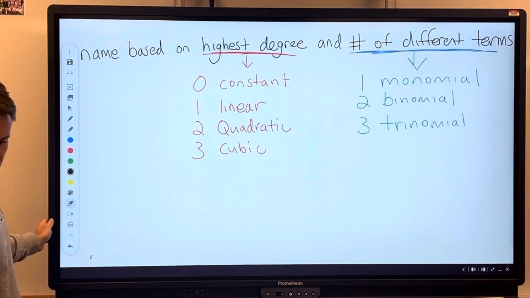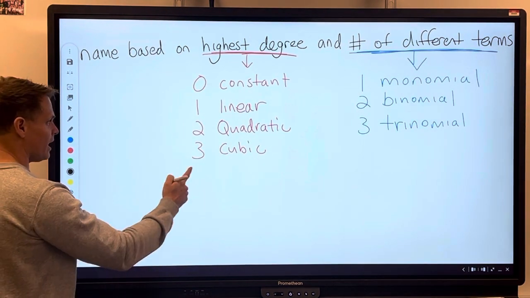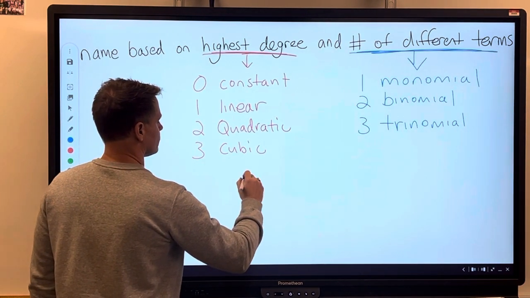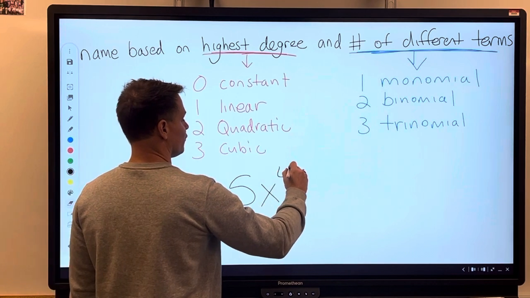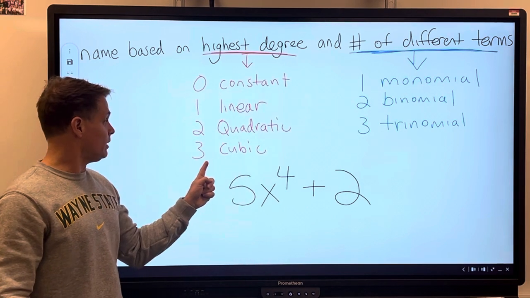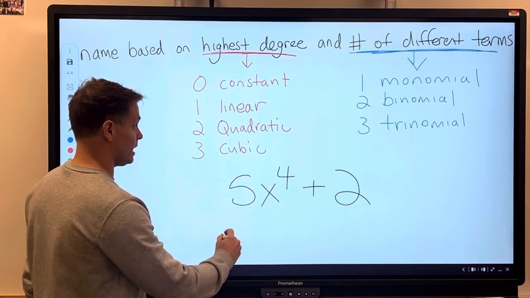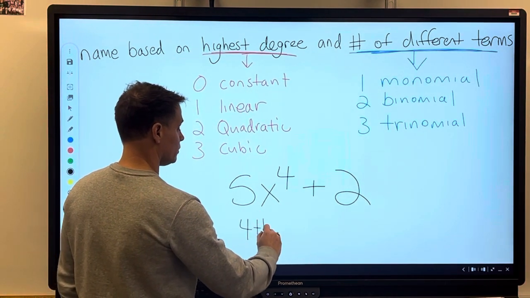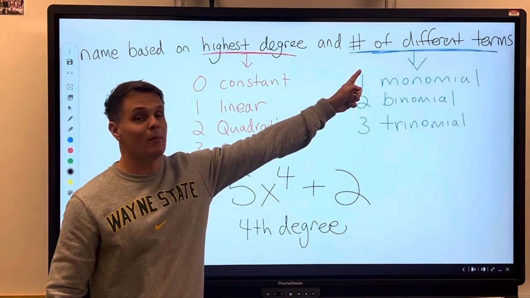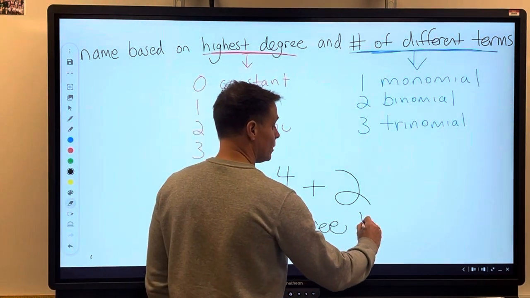So what we would do is we would say that if it has something like 5x to the 4th plus 2, the highest degree isn't listed. So when the highest degree isn't listed, we would say that's a 4th degree. And then how many terms are there? There's 2 different terms, so it's a 4th degree binomial.